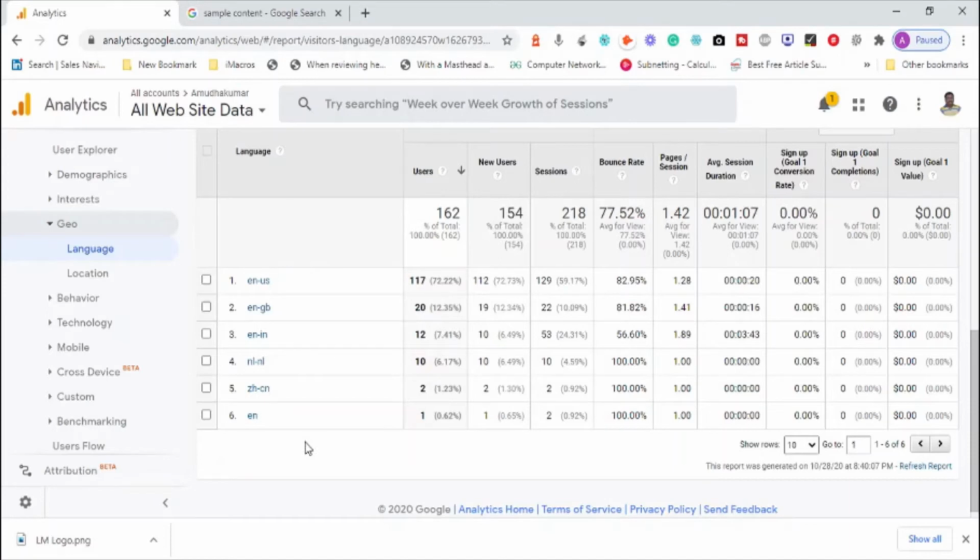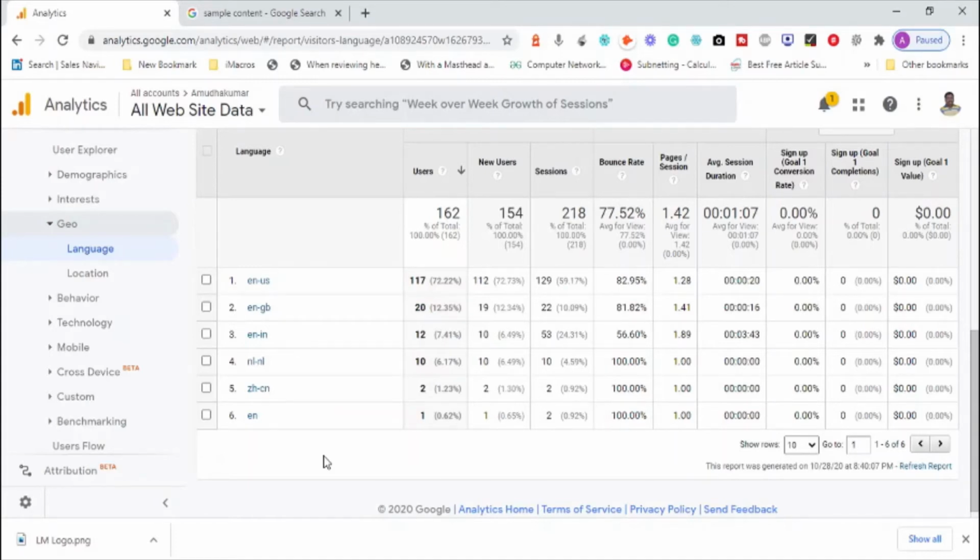Which means these are the number of people who have come using the browser with English language, who have set up their browser language English as EN-GB, which is Great Britain, London, UK. Then English India, like this, the different countries. Now, I receive lots of visitors who are using the browser in English US.